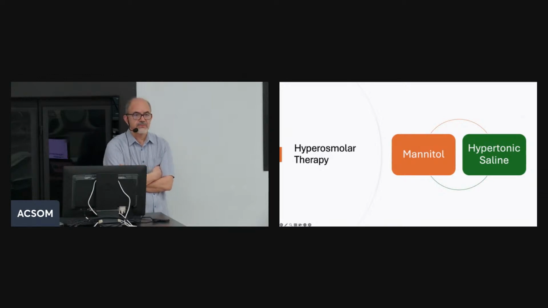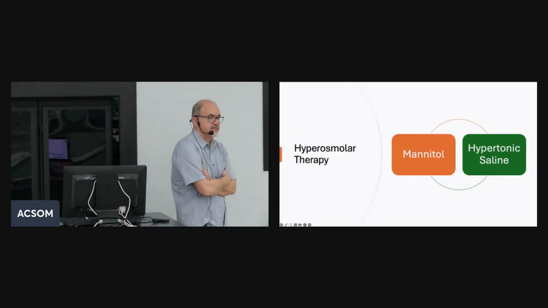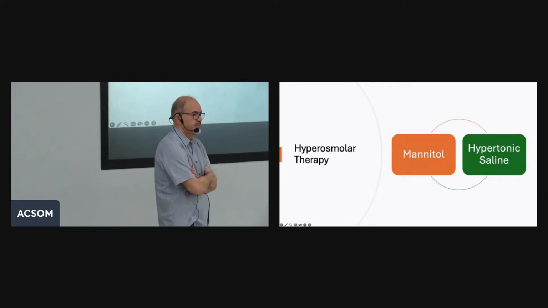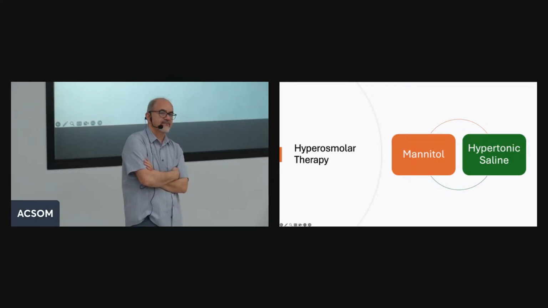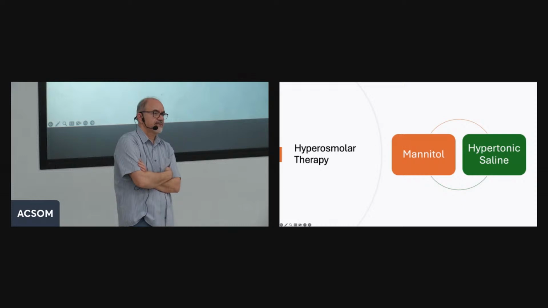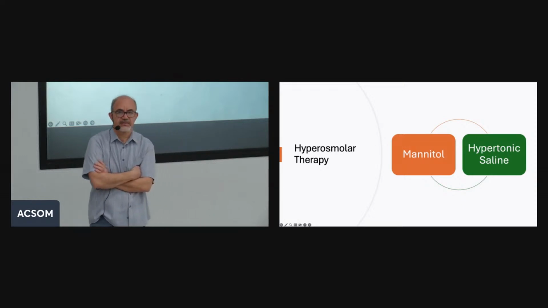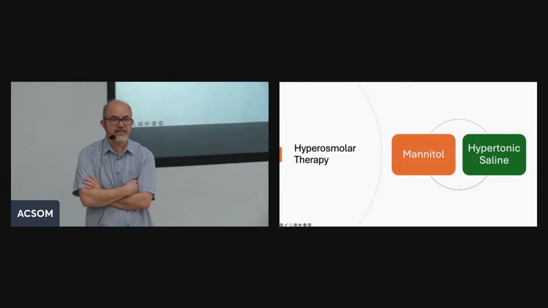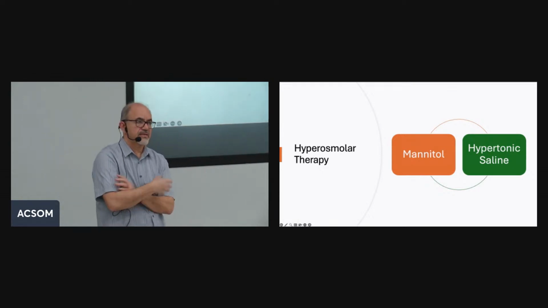One of the ways to reduce the intracranial pressure is to increase the osmotic pressure inside the vessels. So when you give someone hypertonic saline or you give them mannitol, you increase the osmotic pressure inside the vessel. What that does is kind of suck the fluid from the extravascular tissue into the vessels.